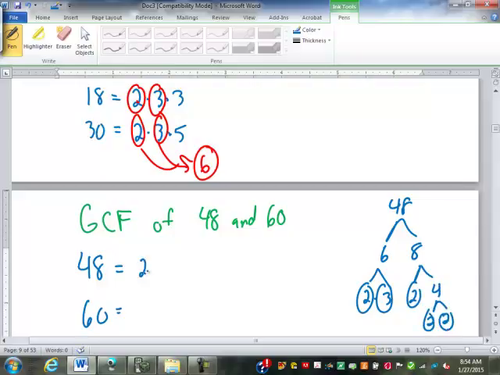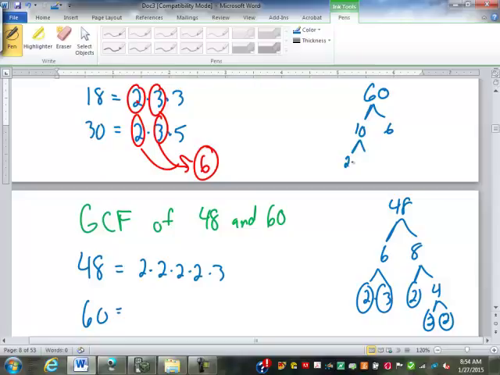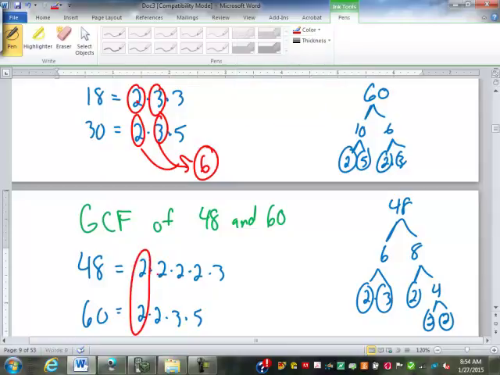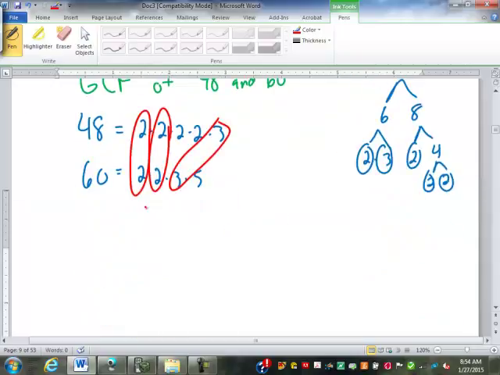So what we have there is 2 times 2 times 2 times 2 times 3. 60 splits into 10 times 6. 10 splits into 2 and 5. Those are prime. 6 splits into 2 and 3. So 60 is 2 times 2 times 3 times 5. What do they have in common? A 2, another 2, and a 3. So that means our greatest common factor is 2 times 2 times 3, otherwise known as 12.